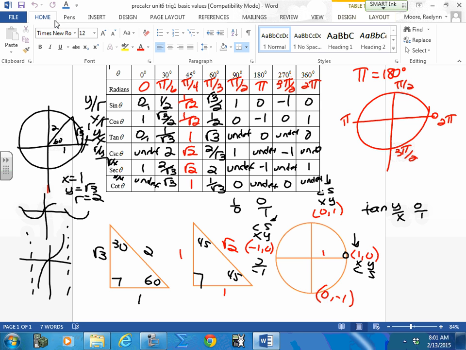Here's your cofunctions. Cofunctions are two angles that add up to 90. When your two angles, such as 30 and 60, add up to 90, the sine of 30 is equal to the cosine of 60. They're cofunctions. So you should see under 30, your sine of 30 is the same as your cosine of 60. See it? Your cosine of 30 should be the same as your sine of 60.